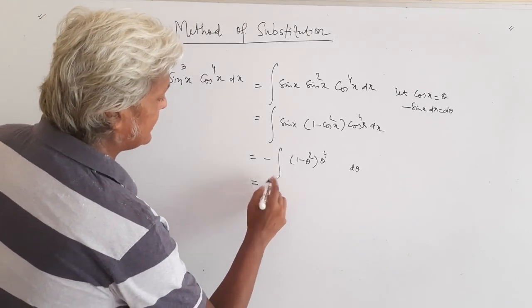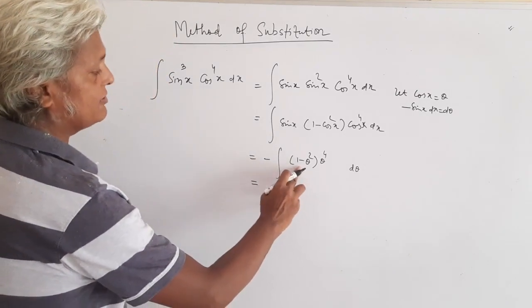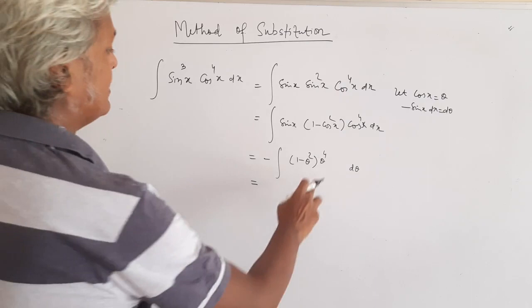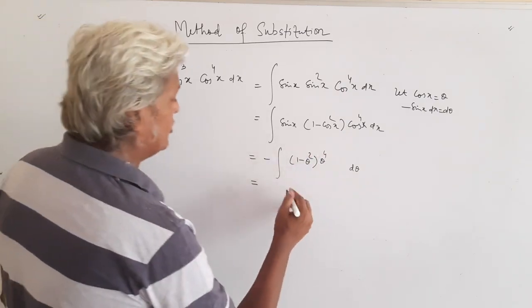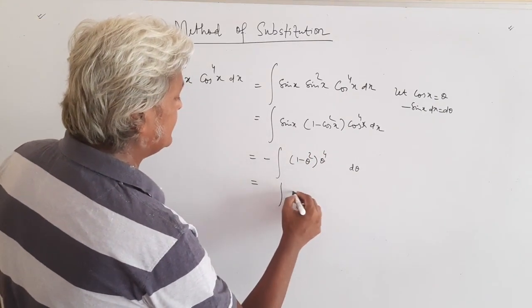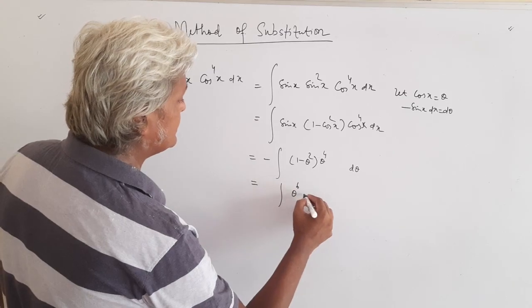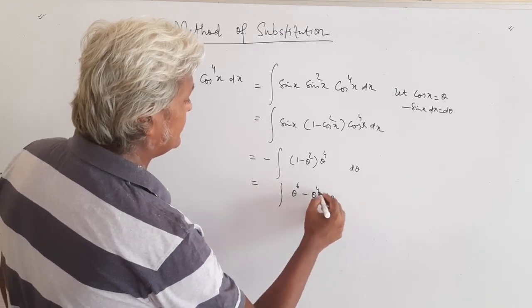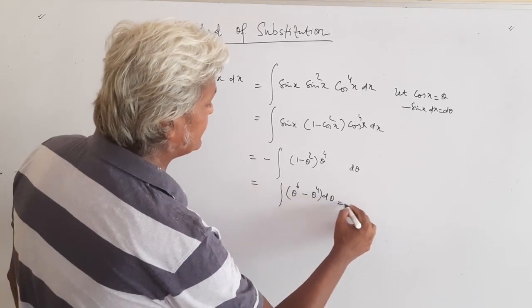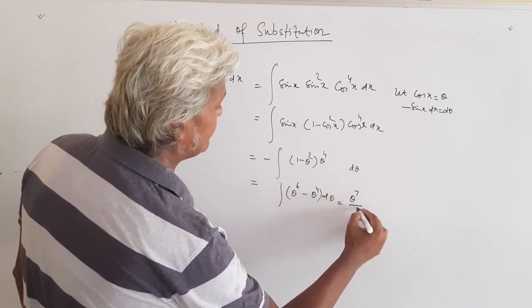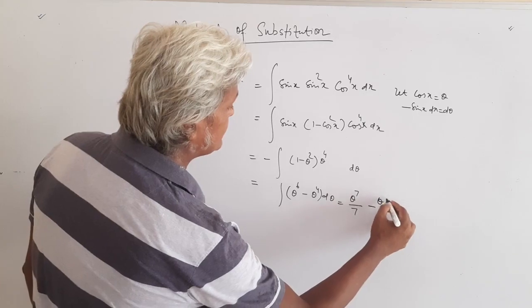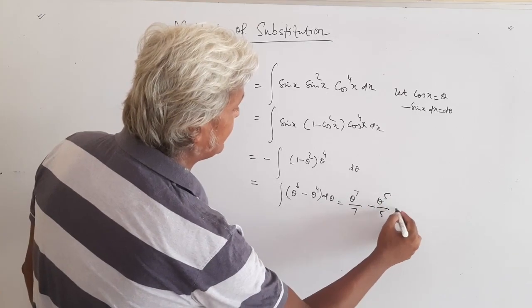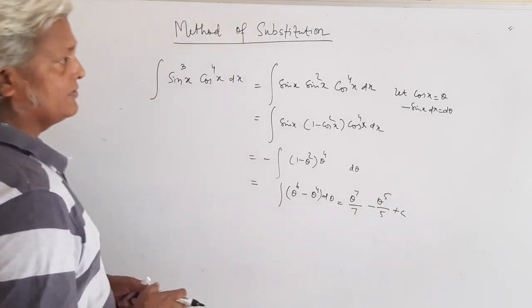If I compensate this minus sign here, then this will become theta square minus 1 multiplied with theta to the power 4. This will become theta to the power 6 minus theta to the power 4 d theta. Now on integration we will find theta to the power 7 over 7 minus theta to the power 5 over 5 plus c, the constant of integration.